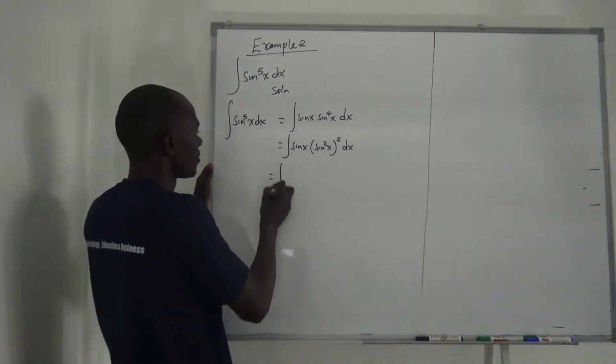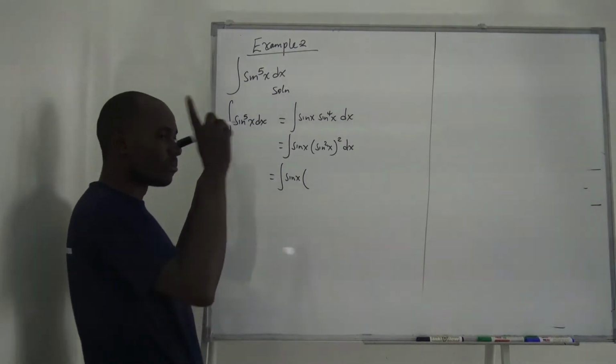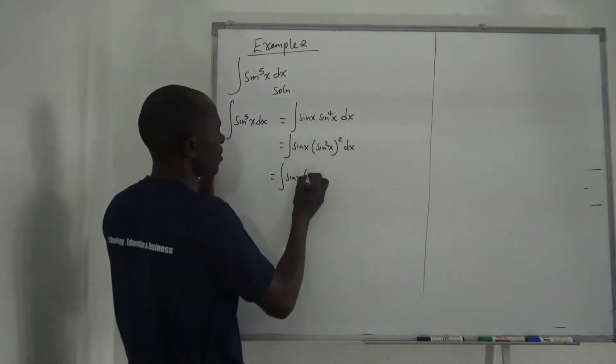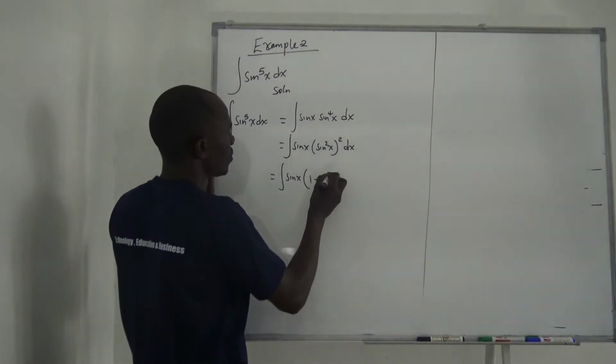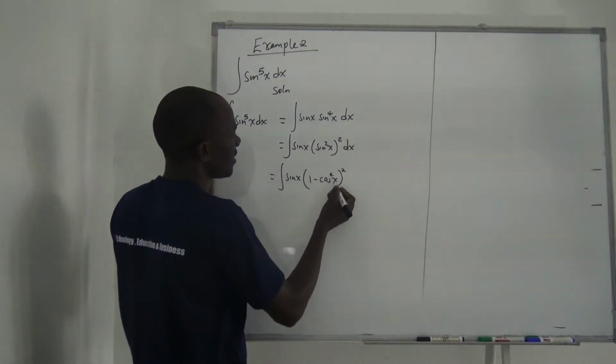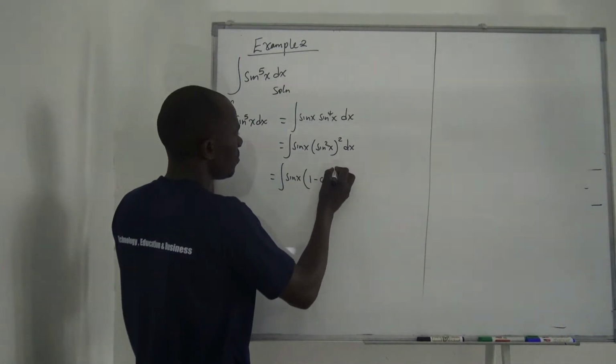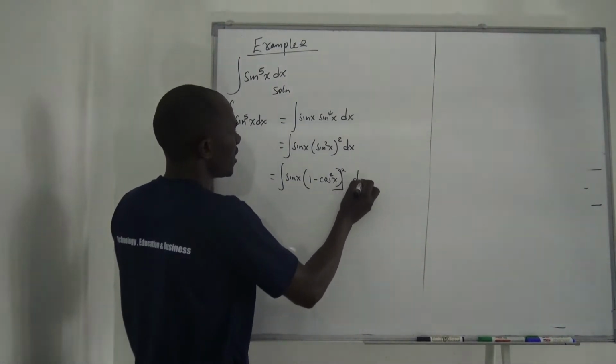This becomes integral of sine x into, for sine squared, bring in the other identity, which is 1 minus cos squared x, squared, then close the bracket and say dx.